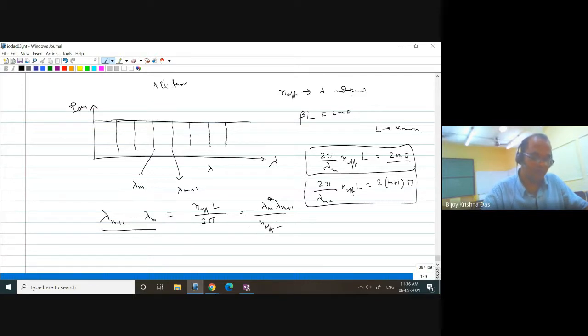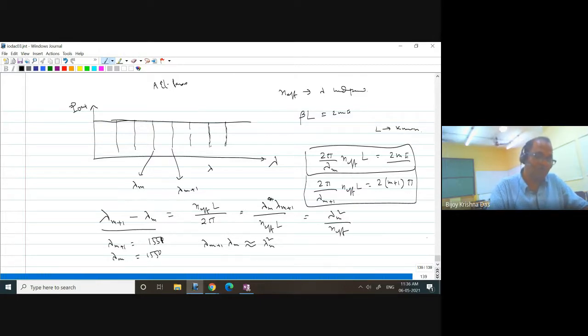Assuming that lambda m plus 1 is, say, 1551 and lambda m is, say, 1550, when you multiply lambda m plus 1 times lambda m, it is approximately equal to lambda m square. So that's why you can write lambda m square by n effective L.